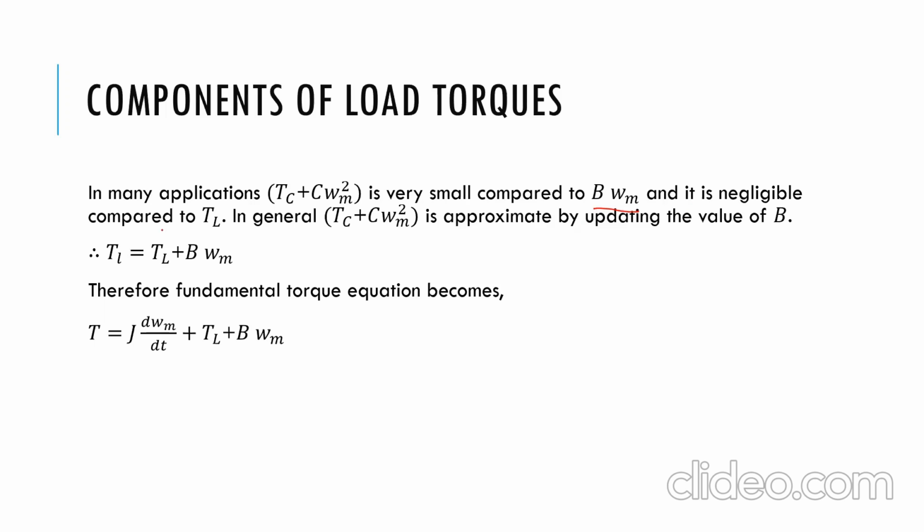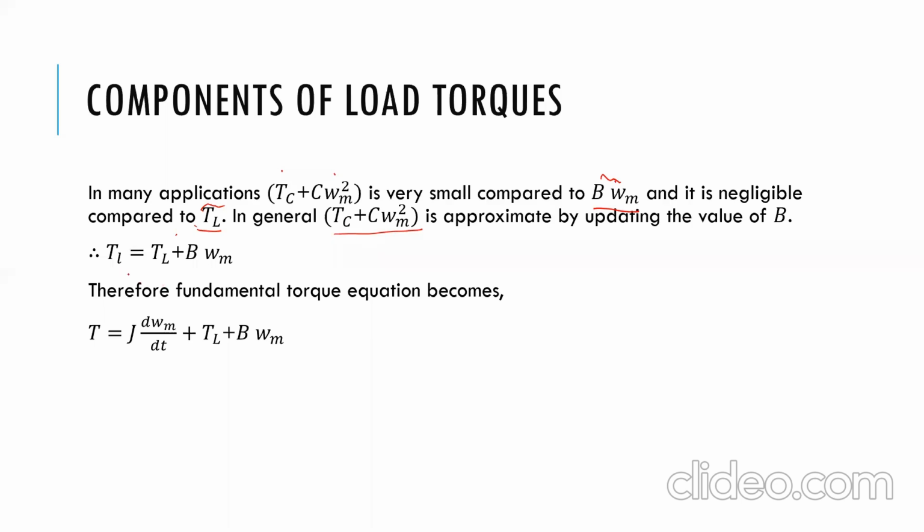The Coulomb torque and torque due to windage loss are very small as compared to friction torque, and negligible as compared to the torque required to do useful work. Therefore this part can be neglected.